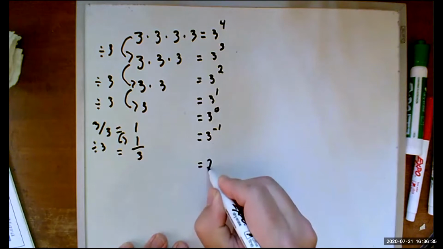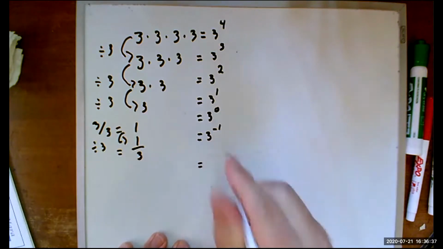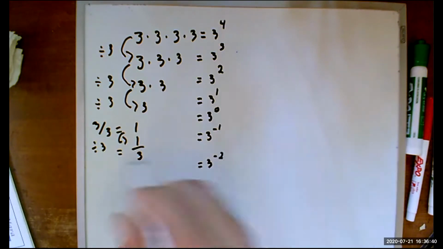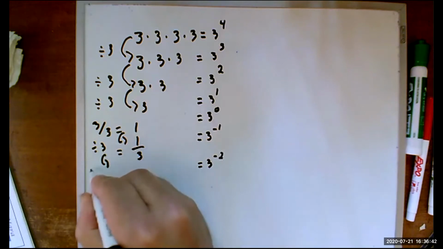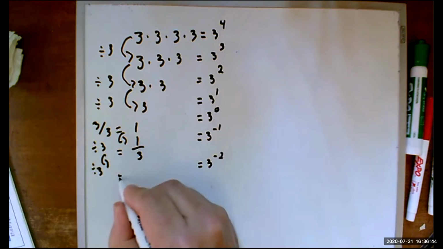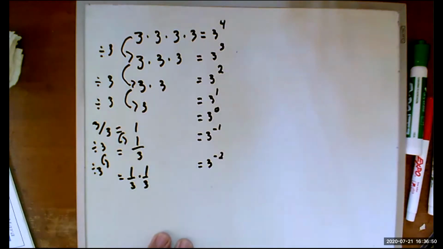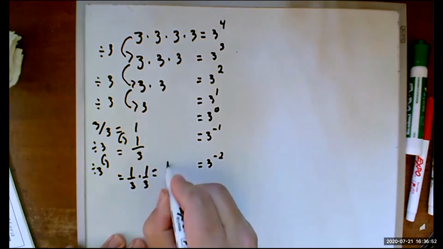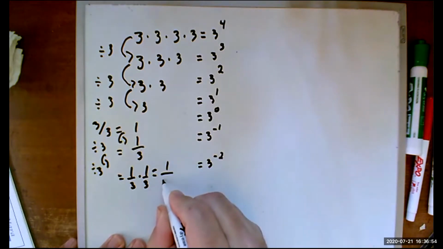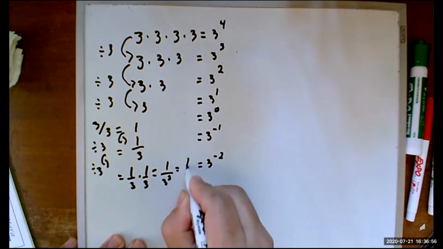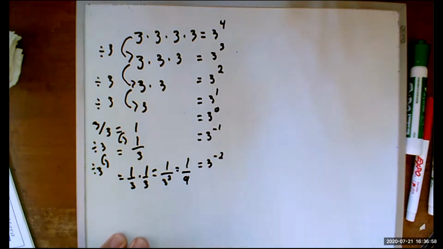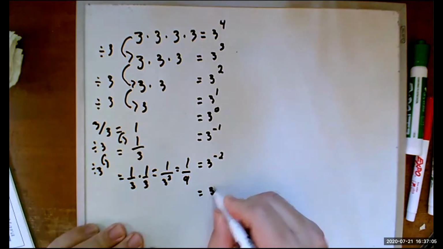If I wanted to find out what is 3 to the negative 2, well, again, we are dividing by 3. And our rules of fractions say when you divide by 3, you flip that second one and multiply. And so we end up with 1 over 3 squared, or 1 over 9. And it carries on all the way down.